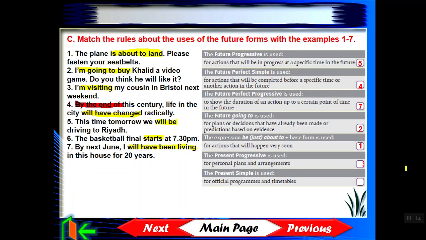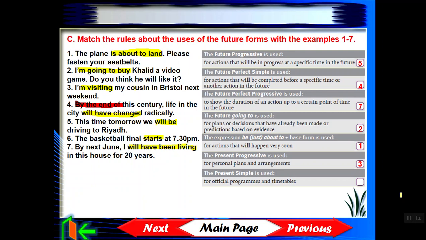Okay, so here you find it number 3. I'm visiting my cousin. Here my cousin is the people. Where? In Bristol. When? Next week. So if you look, people here, and then the place and the time. So we use it in the future for personal plans. You are talking about personal plans.